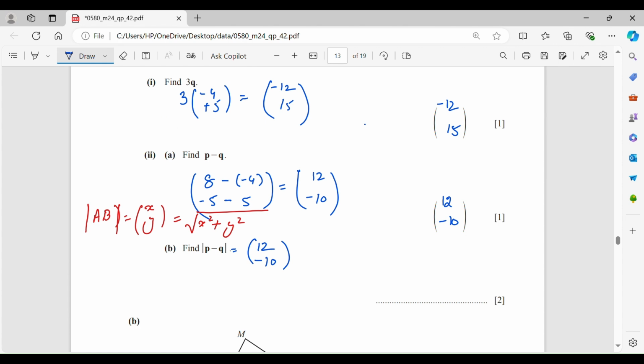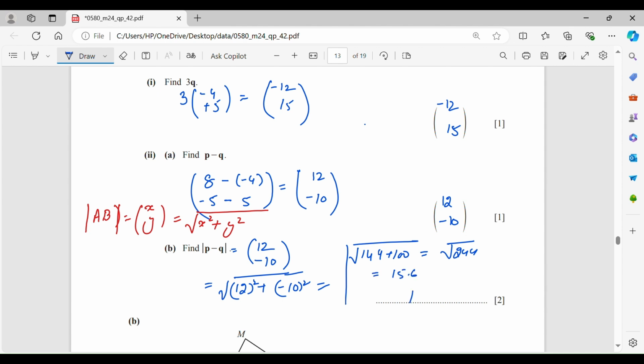This will be equal to root of 12 squared plus (minus 10) squared, which is root of 144 plus 100. We will use a calculator for this. This is equal to root of 244, which is equal to 15.6. So our answer is 15.6.